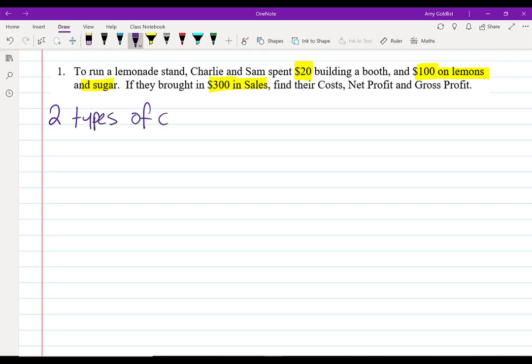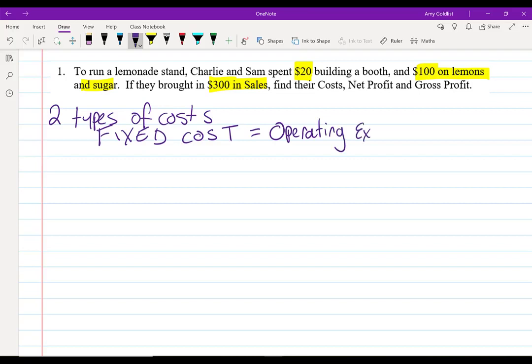Here, we have two types of costs. We've got fixed cost. This is also called operating expenses. And some books call this OP for operating, or FC for fixed costs.